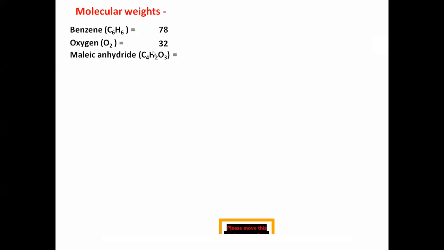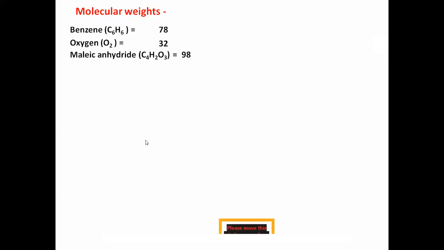And maleic anhydride, C4. C4 means what? One carbon atom is 12, into 4, 48, plus 2 hydrogen atoms. 1 into 2 means 2, and 3 oxygen atoms means how much? One atom is 16, into 3 means again 48.